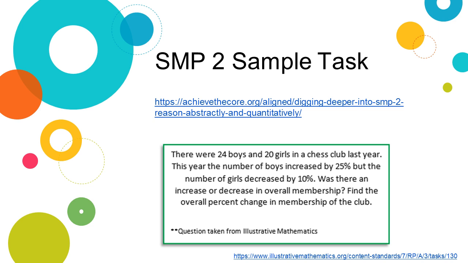We see that students are being asked to make sense of their abstract solution in context. Additionally, we see the need to repeatedly move between context and accurate abstract representations.